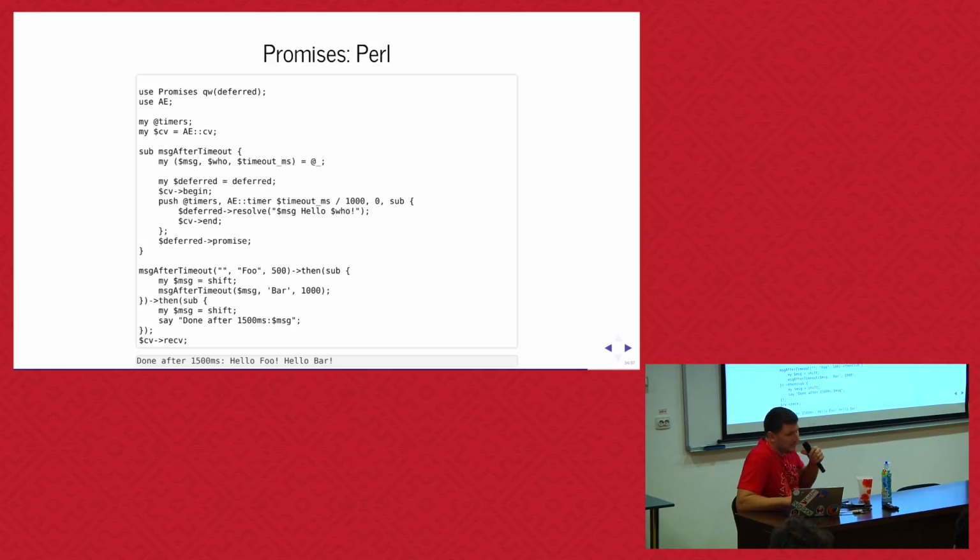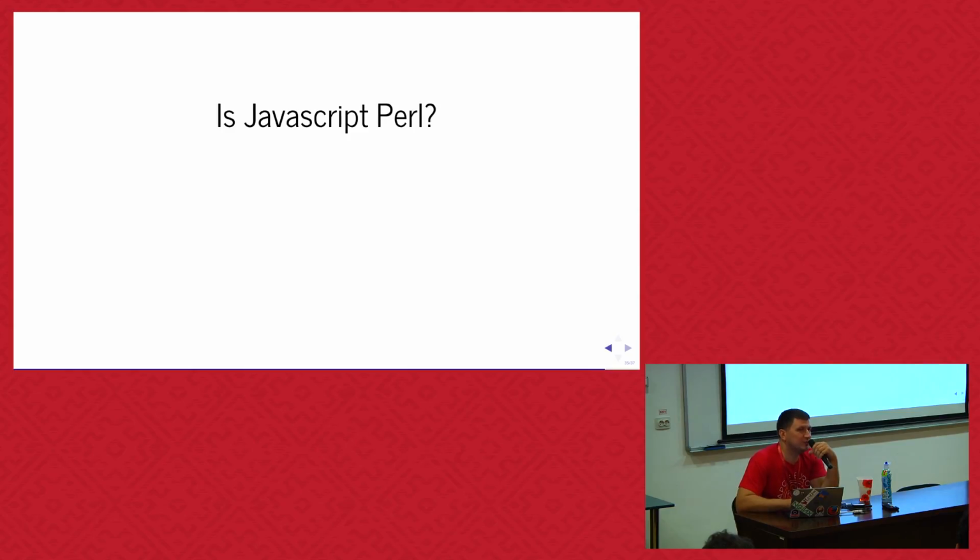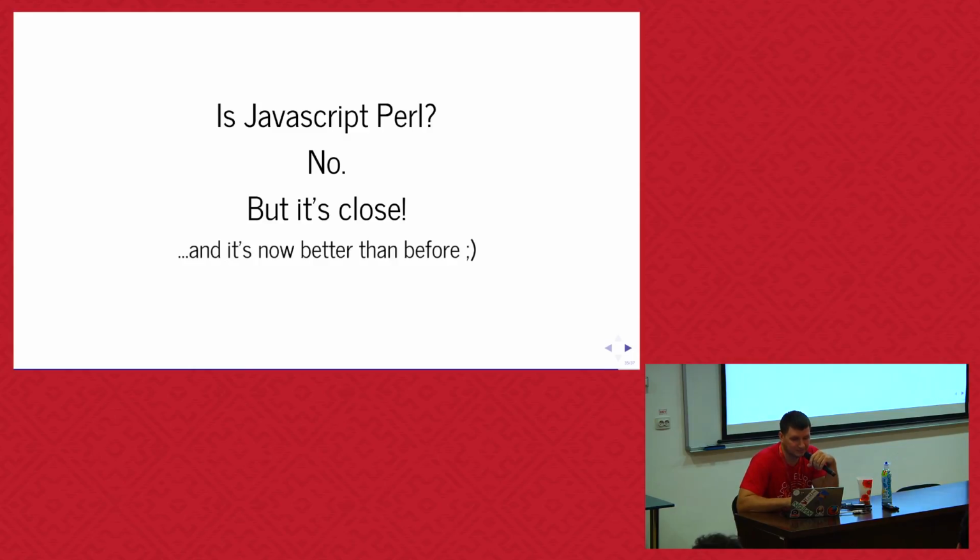And it plays well with different event loops. I used the AnyEvent, AE, event loop in this example, and it does effectively the same thing as the previous example in JavaScript. So, is JavaScript Perl? What do you think? Agreed. It's not, but it became better during a couple of releases.